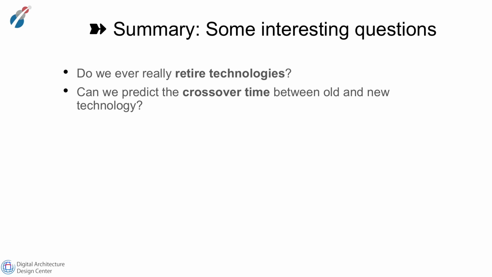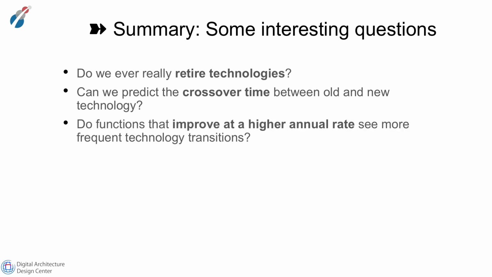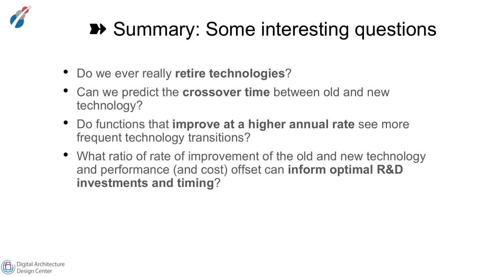Can we predict the crossover time between an old and a new technology? Do functions that improve at a higher annual rate, so this is the slope of the Moore's law, see more frequent technology transitions? What ratio of rate of improvement of old and new technology and performance can inform optimal R&D investments and timing?